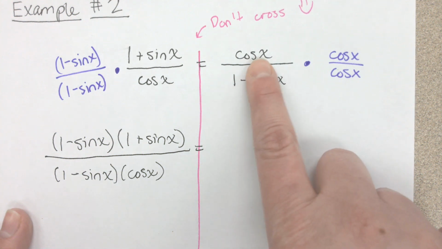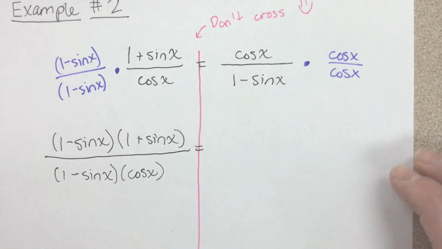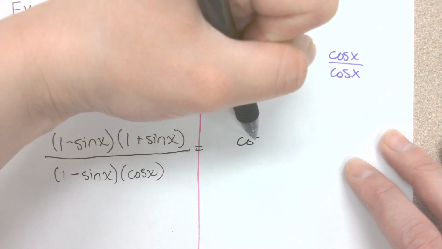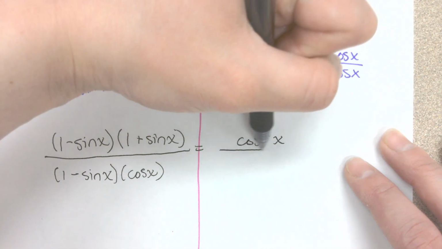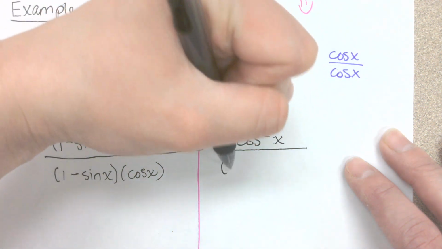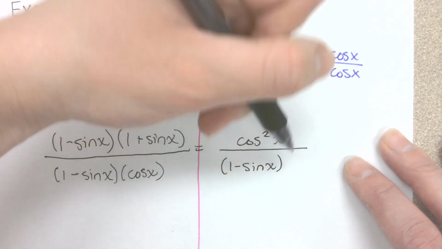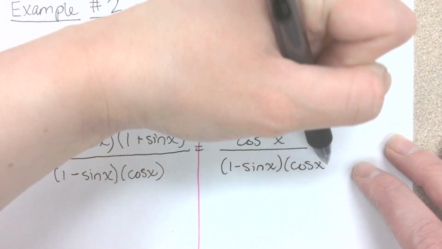Right side, since it's just a simple multiplication on the top, I'll go ahead and do that. That's going to give me cosine squared x over our denominator, 1 minus sine of x cosine of x.